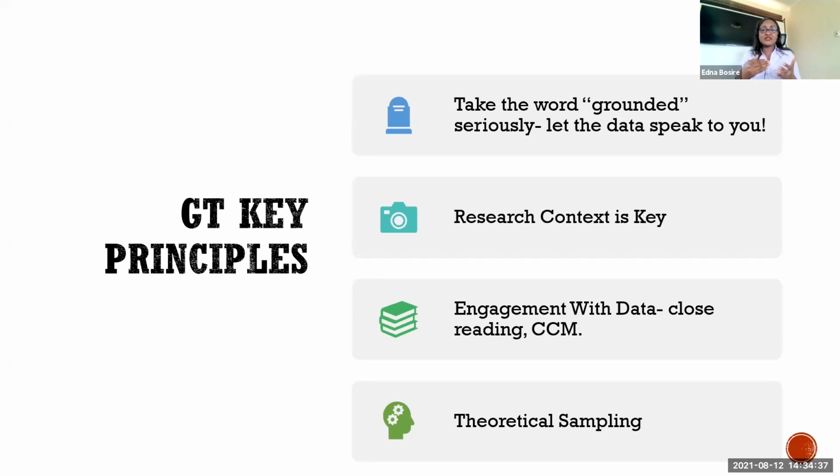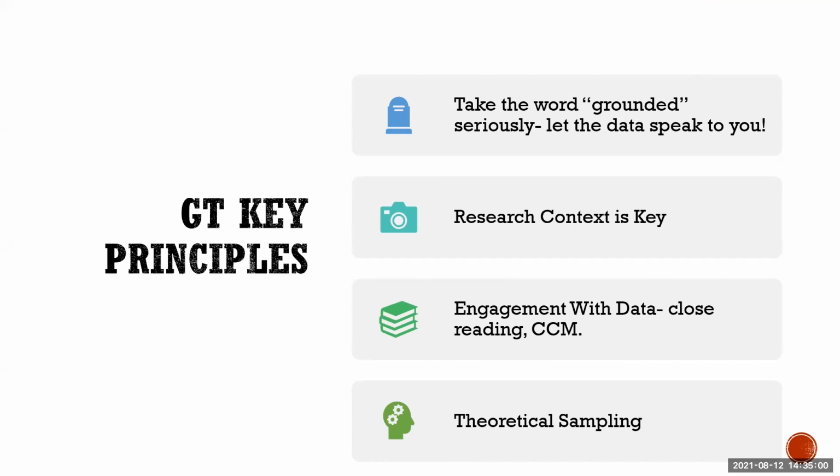This means that as researchers, you must remain open to new or unanticipated findings. Don't go into data with your own preconceptions; we are not testing hypotheses. If you are testing hypotheses, grounded theory is not for you. You have to be reflexive, be open and look for new ideas or information that will be interesting.